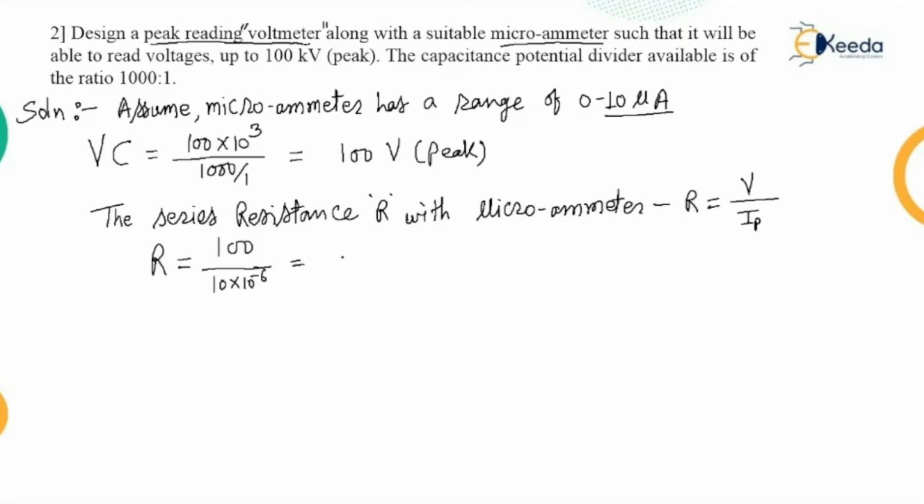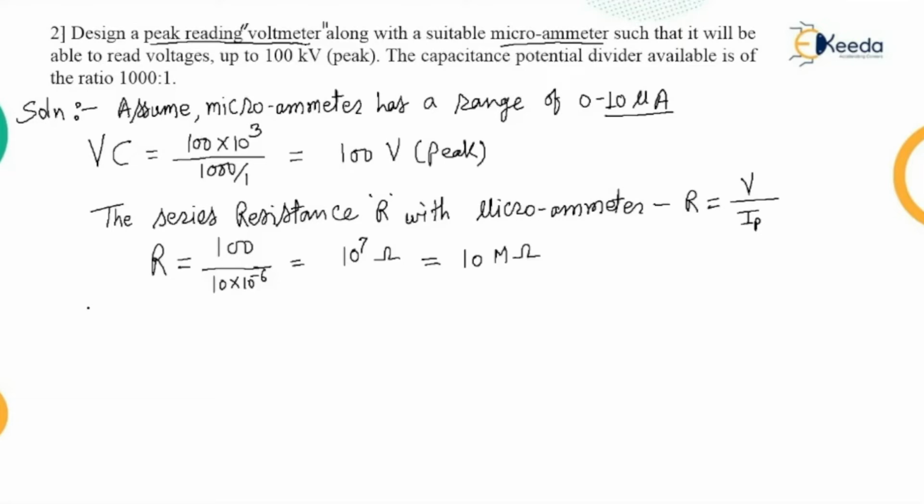So the value of that resistance is 10 to the power 7 ohms. This 0 gets cancelled, or in other words, you can write it as 10 mega ohms. That is the value of the resistance R.